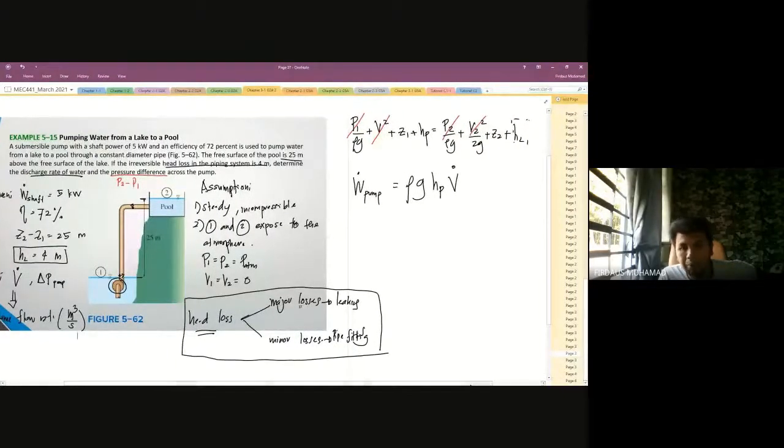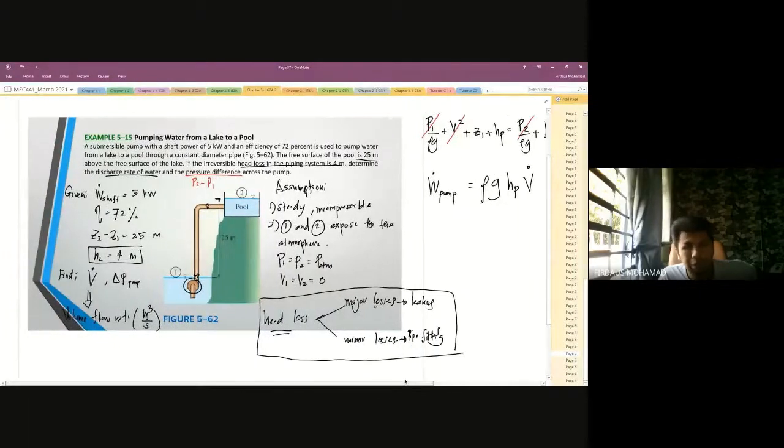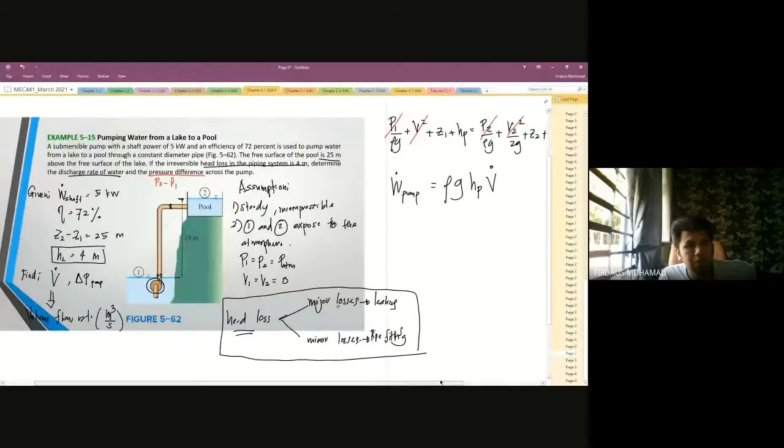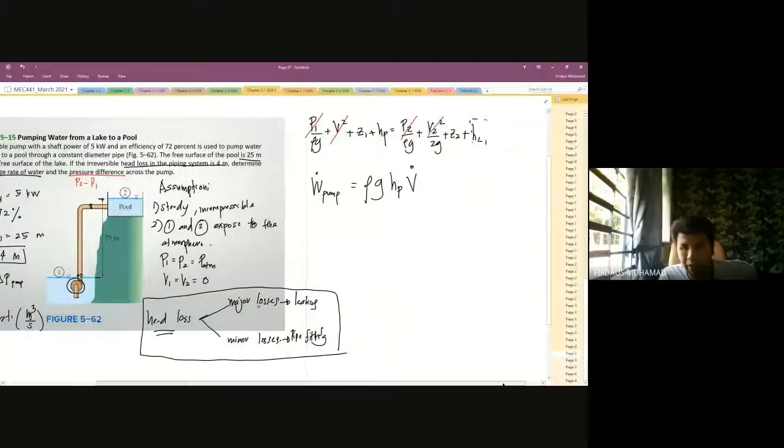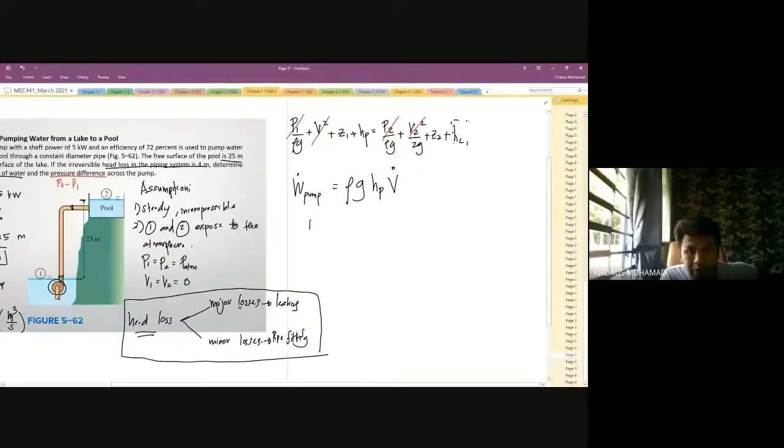Tapi W pump, power delivered by the pump ada tak? Dia tak bagi. Tapi dia bagi power delivered to the shaft. Okay, so tak apa. Maknanya kita tahu definition untuk efficiency.